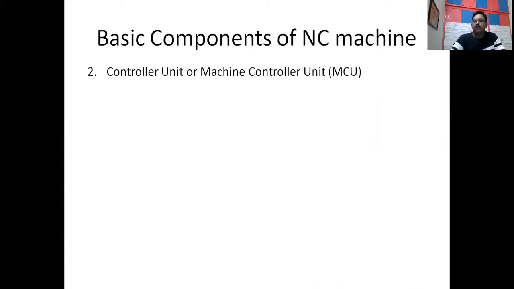This is the program of instructions. Basically, the program of instructions is nothing but a step-by-step procedure given to the machine tool. What are the things a machine should do?